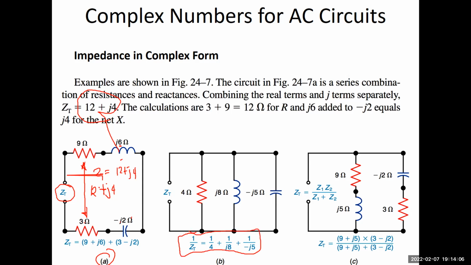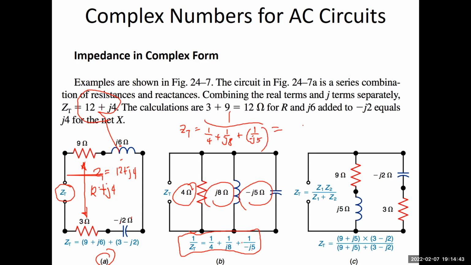So that is 1 over Z sub T is equal to 1/4. So ito yung R natin. And then 1 plus j8, this one. And 1 plus negative j5. So that will be the total Z is equal to 1 all over 1 over 4 plus 1 over j8, plus 1 over negative j5.